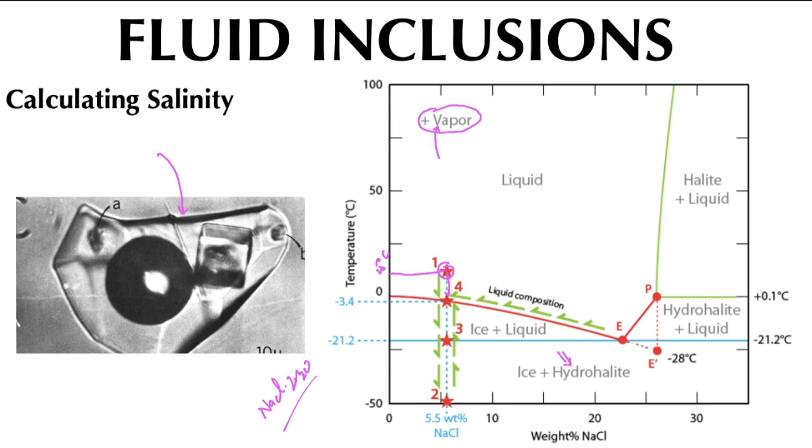The whole liquid plus salt inside the cavity solidifies to form ice plus hydrohalite. So let's say you cooled it till this point. It will not follow this eutectic here or this path here, but it will completely go along this vertical line and hit this point at around minus 50 degrees Celsius, where everything is either ice or hydrohalite, right?